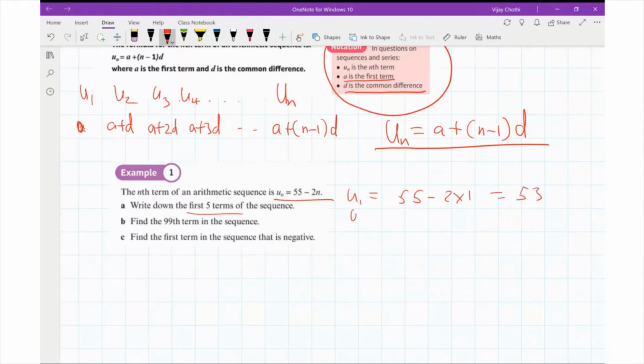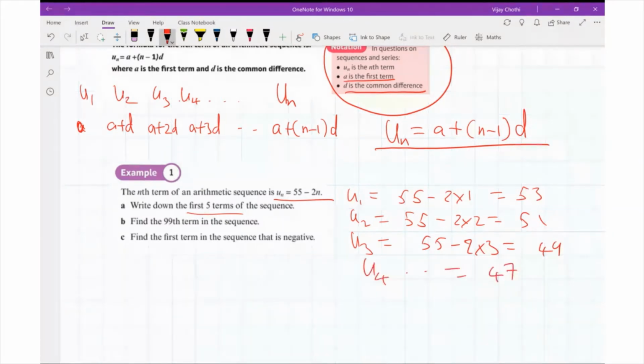U2, plug in n equals 2. 55 take away 4 is 51. Okay, so it's pretty clear what's going on. You put n equal to 3, goes down by 2 again. Okay, so U4 will be 47, and U5, the fifth term, will be 45. That's it.